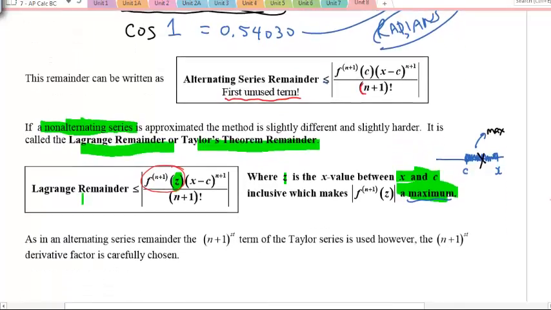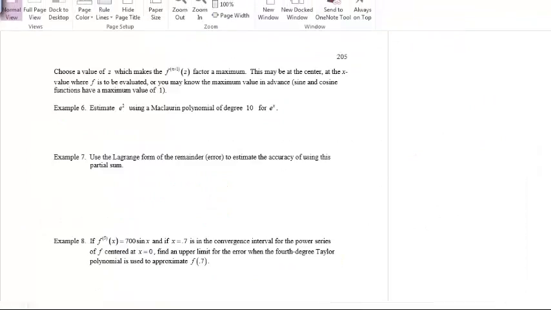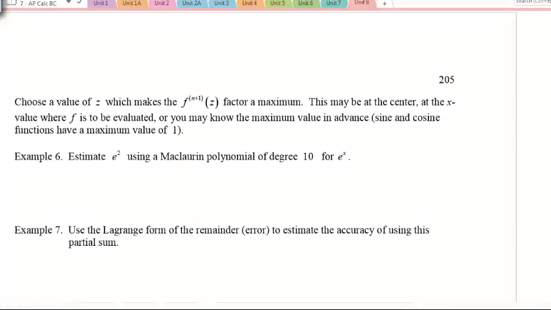Just like I said before, as in an alternating series remainder, the n plus 1 term of the Taylor series is used. However, for the non-alternating one, using the Lagrange remainder, the derivative factor must be carefully chosen, and that's when I talk about this value of z. So if you turn the page, what I want you to understand is that the value of z must make the actual derivative evaluated there the largest value possible.